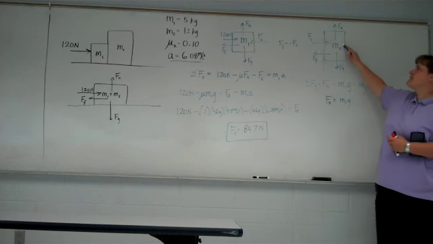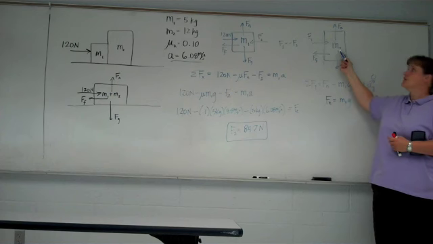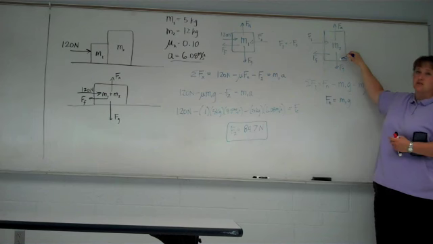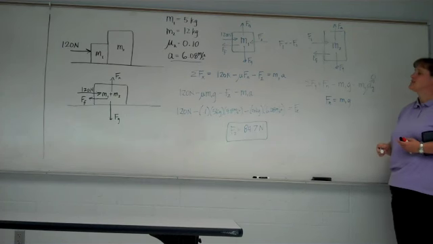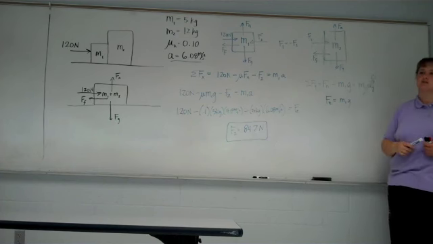If we had set up the equation for box 2, we would have had F1 minus force of friction equal m2a. Normal force would equal mg, but it would be m2g. So we could walk through and do the same setup. The difference is we only have 2 forces in the x direction on box 2 instead of 3 like we have on box 1.